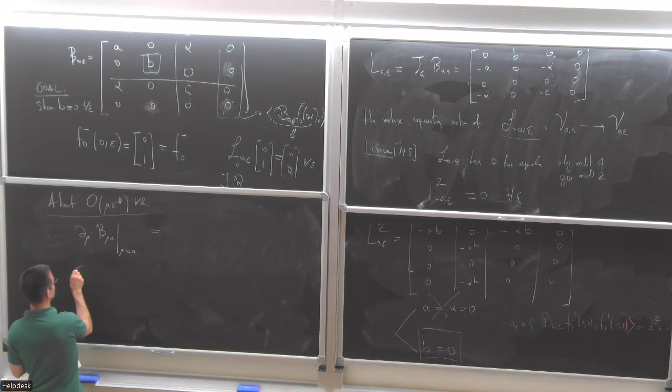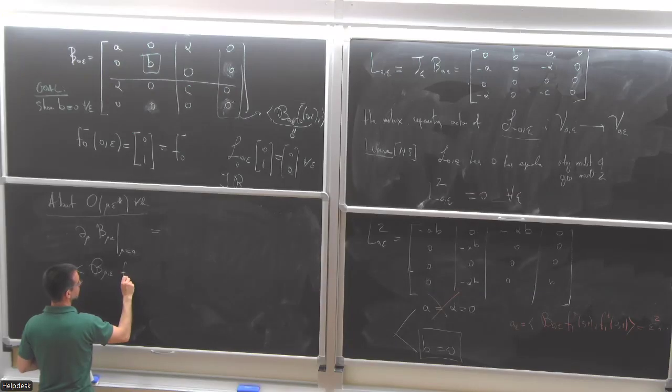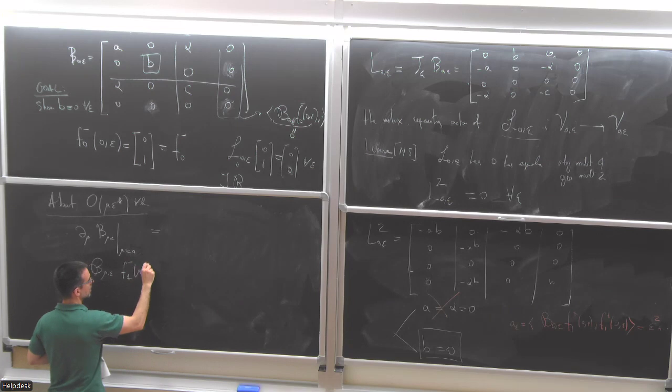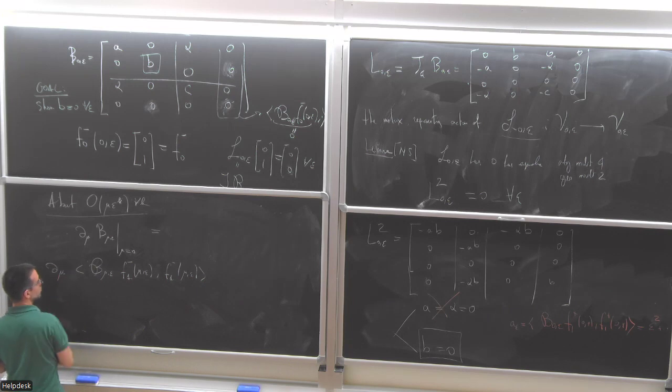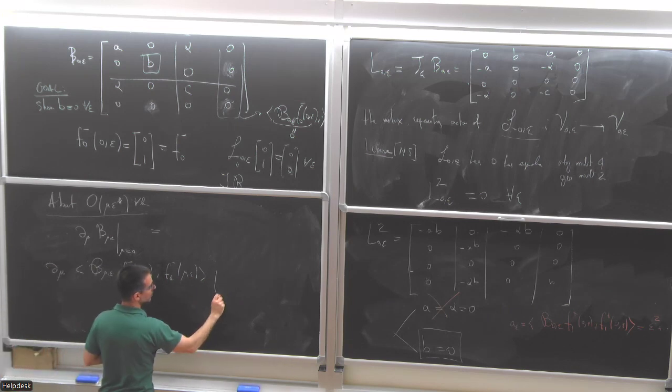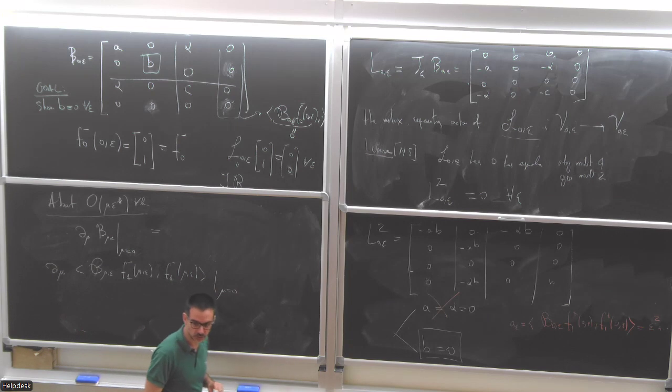And the element is calligraphic B mu epsilon, F1 minus mu epsilon, F1 minus mu epsilon, and I need to take the derivative with respect to mu of this object and evaluate at mu equal to 0.